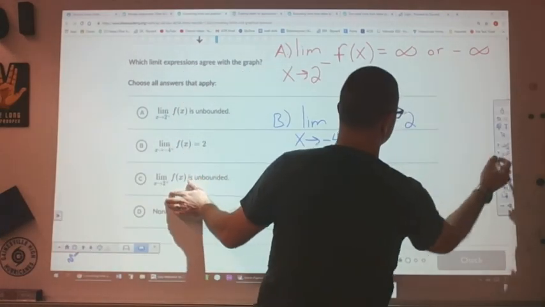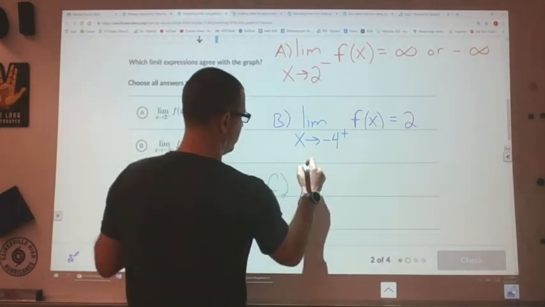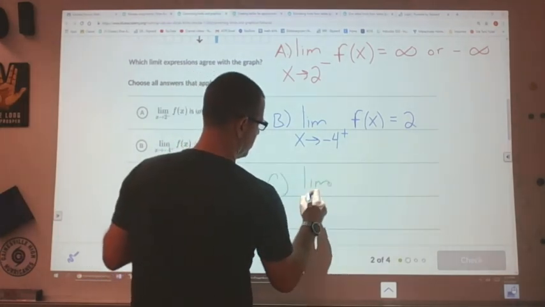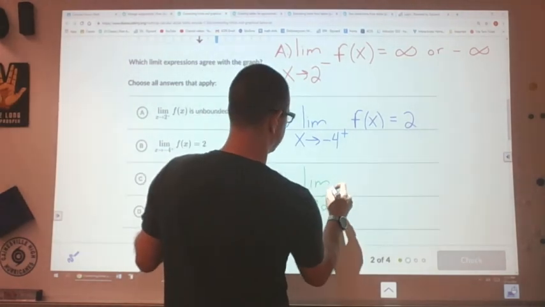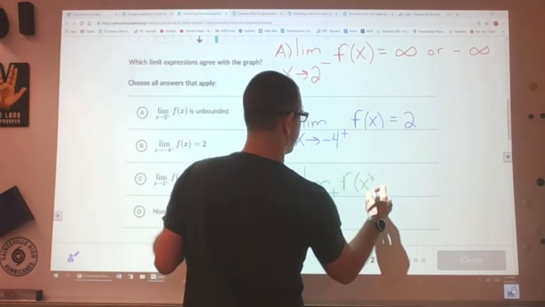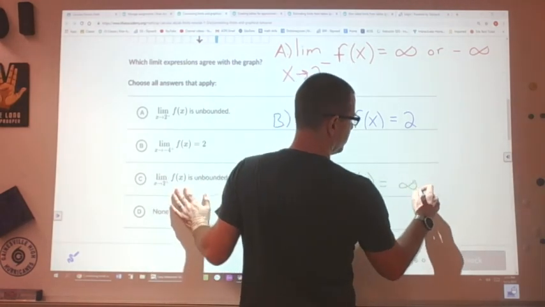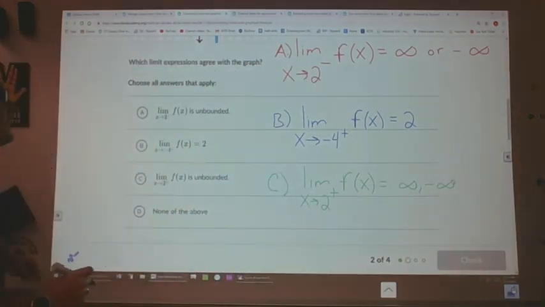And then for C, the limit as x approaches 2 from the right of f(x) is equal to infinity or negative infinity. And then D, none of the above. Okay.